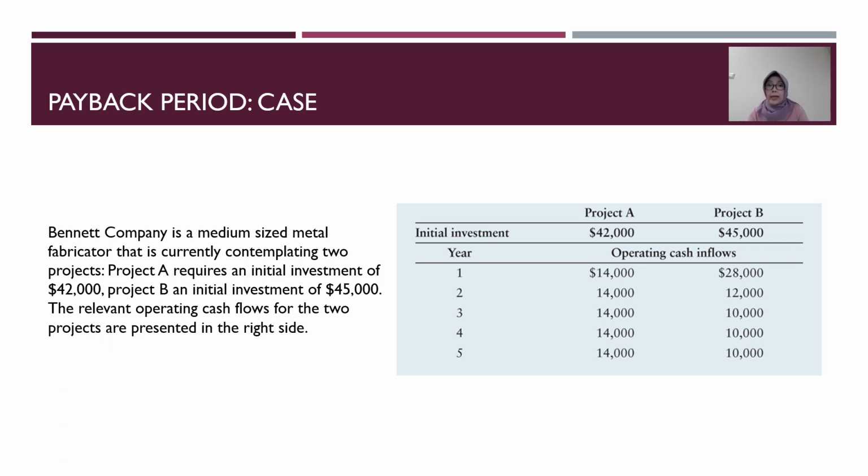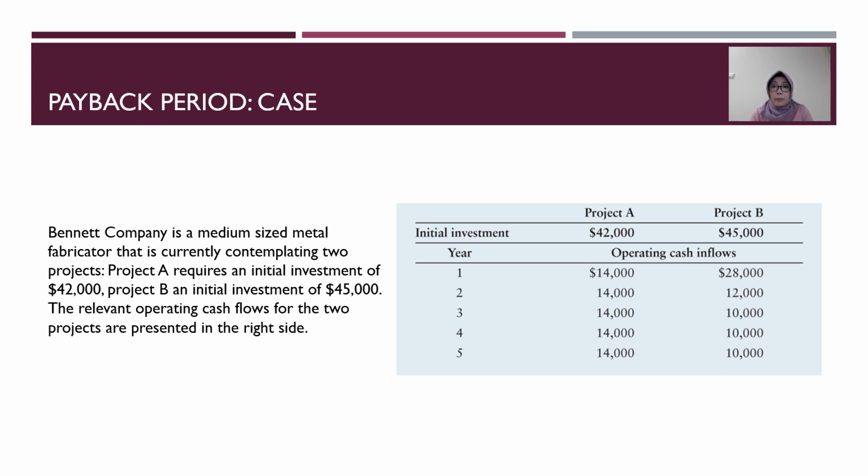So there is Project A with an initial investment of $42,000 and Project B with an initial investment of $45,000. And the operating cash inflow for each project is as follows. Year 1, Project A has $14,000 and Project B has $28,000. In year 2, Project A has $14,000 and Project B has $12,000.